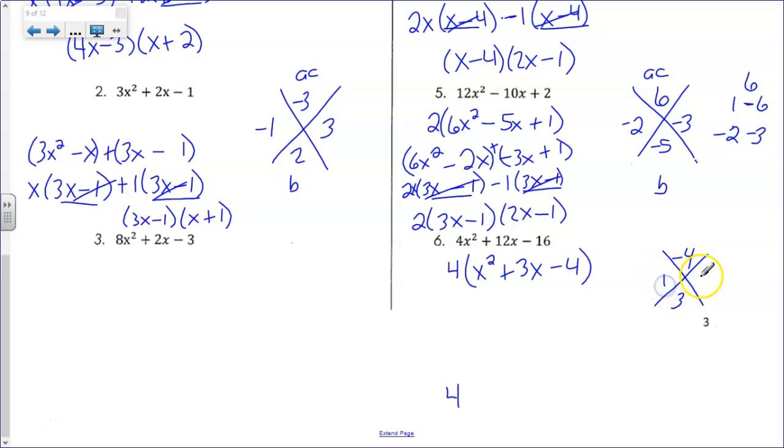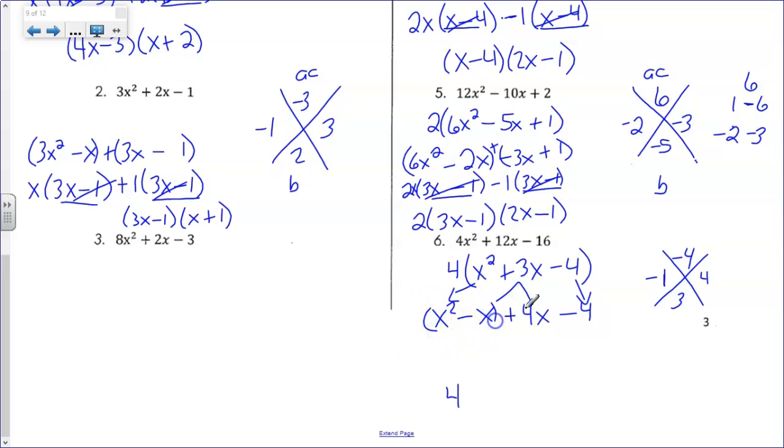So 1 and 4, but which one has to be negative for the 4? And that will be negative 1 here. Because 4 minus 1 is 3, negative 1 times 4 is negative 4. So that's going to give me, I left this 4 alone, so I'm going to have x squared minus x plus 4x minus 4. So I bring that one down, and that one, and these two become that.